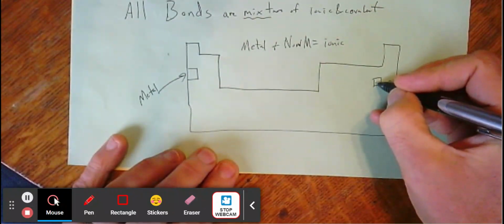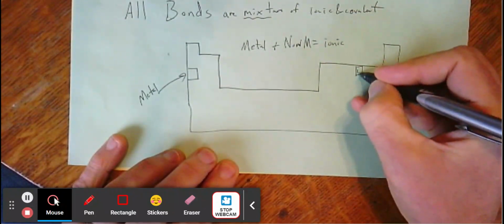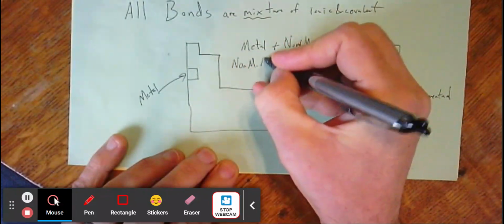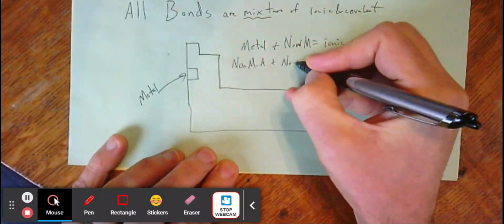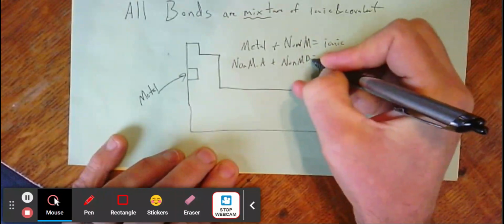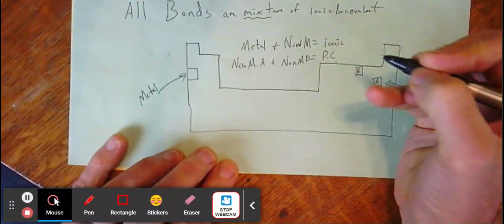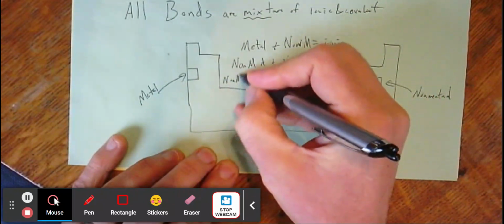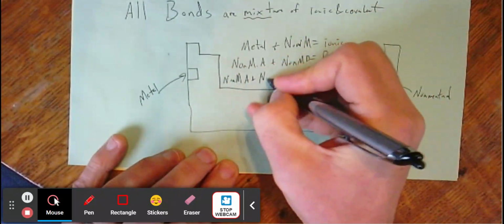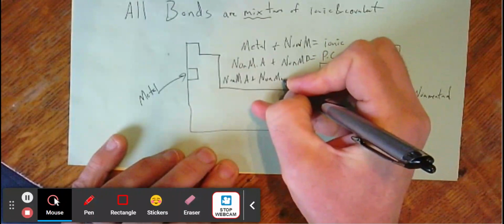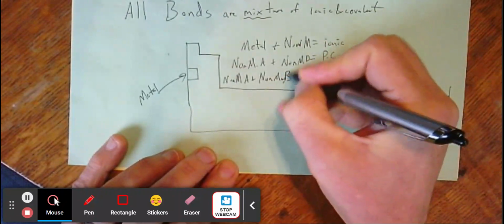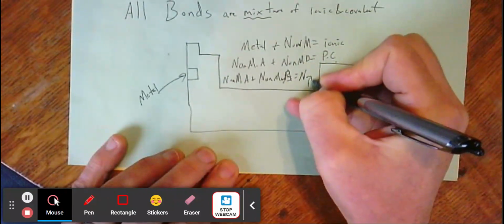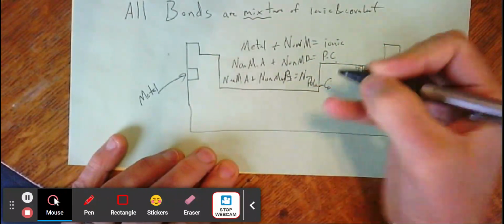Nonmetal A and nonmetal B: polar covalent. Okay? And finally, the same nonmetal, that's where I have non-polar covalent.